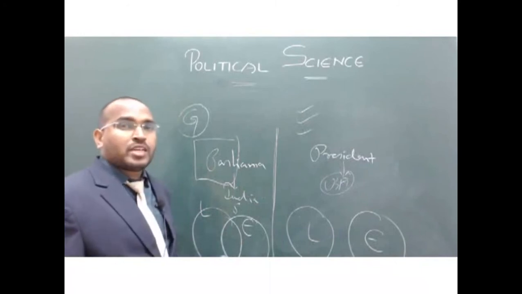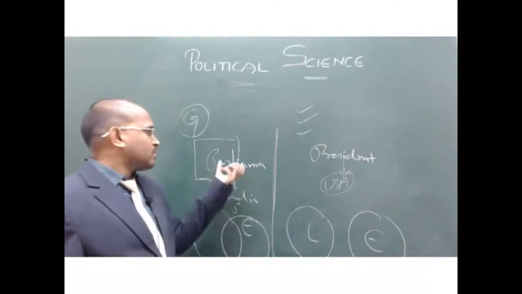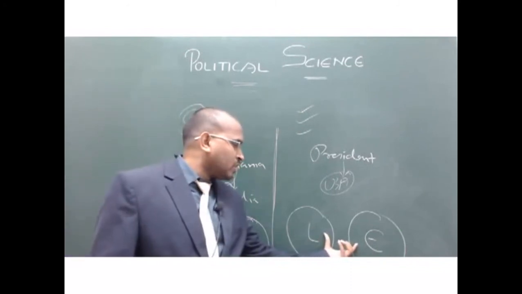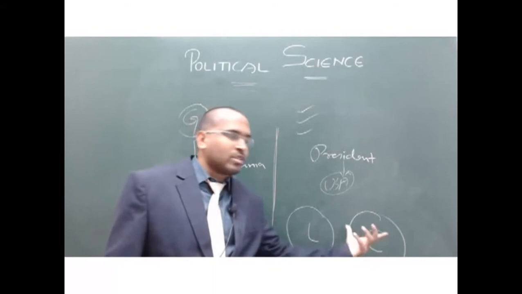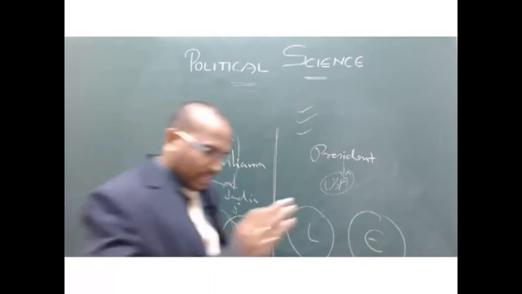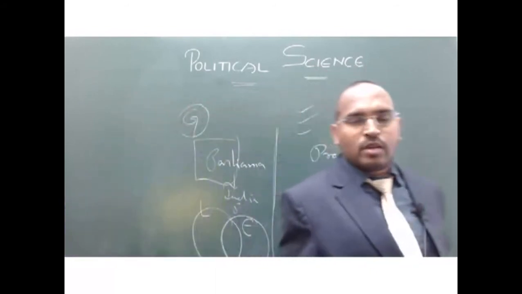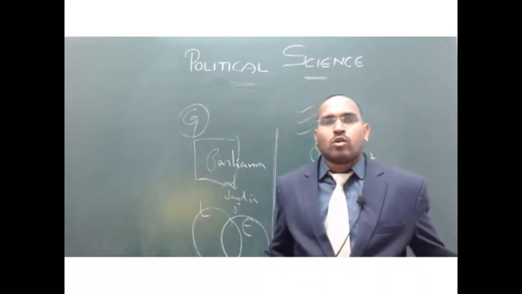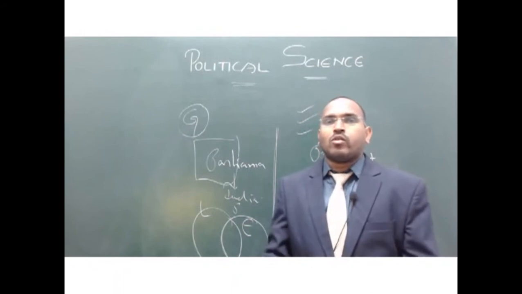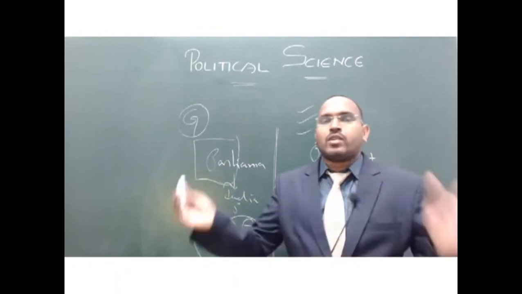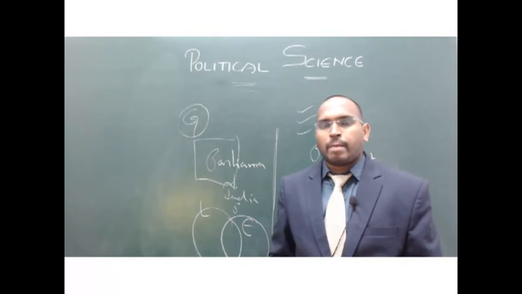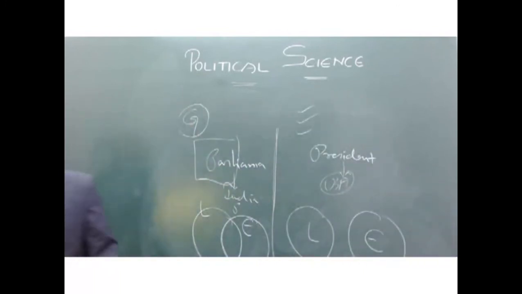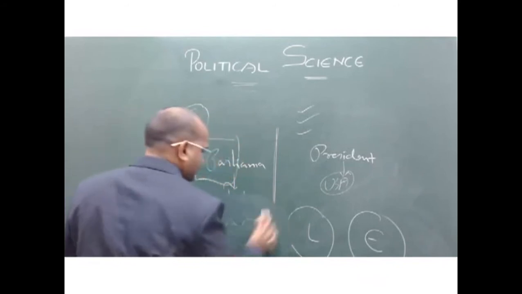There is a fusion of powers in the parliamentary system. In the presidential type, there is no fusion between the legislative and executive. There is a basic doubt: what is legislative, what is executive, we don't know. Now I will go into the details of legislative and executive. Just remember this point; I will come back to it.